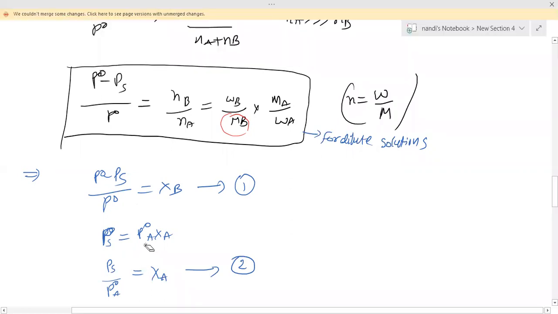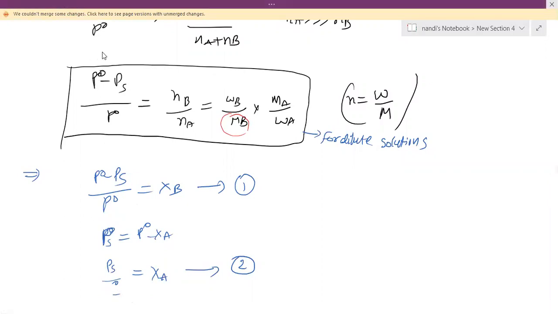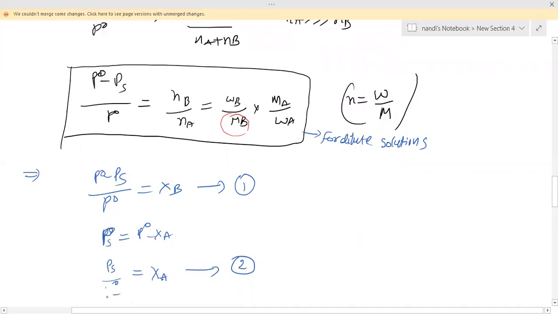Keep in mind I am taking P naught only, I am not writing A here. A means solvent only. Clear? Now take equation 1 by 2. What will we get?